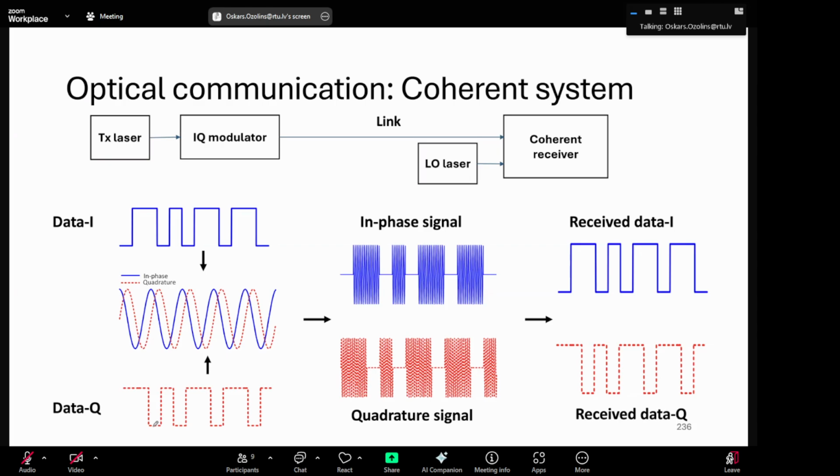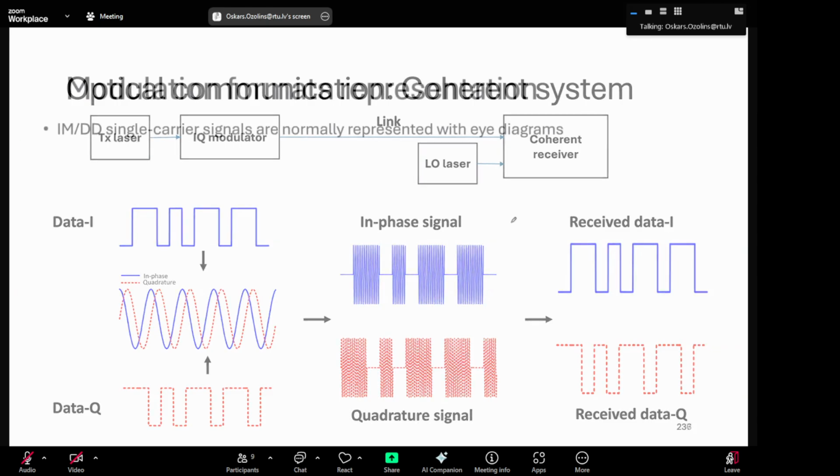So we can get double the amount of data. It's 1 bit per symbol, so 2 bits here and 2 bits there, which increased the capacity. Of course, it adds complexity, because you also need a somewhat more complicated receiver structure.